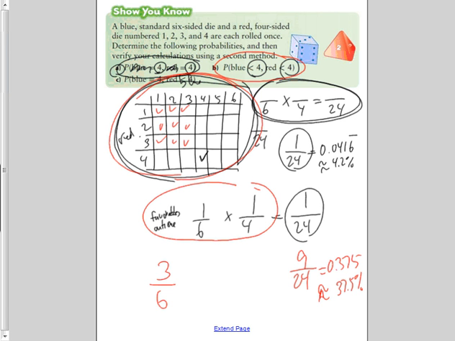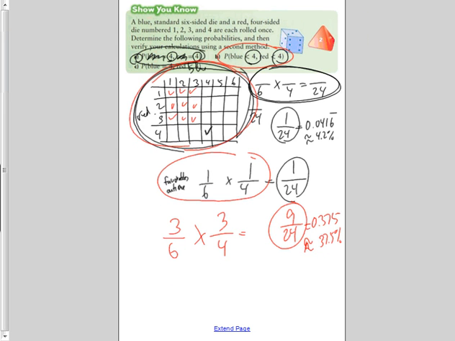Only 1, 2, and 3 were numbers less than 4, correct? So there's 3 of the 6 numbers. How many on the four-sided dice were there? There were 3 numbers less than 4 on that one. So there were 3 numbers out of 4. When I multiply those out, what would I get? I get that same 9 out of 24 possibility. So I get the same answer without using a table. Does that make sense?